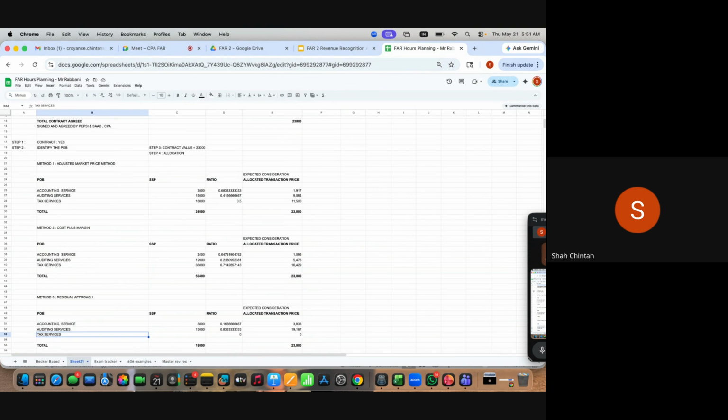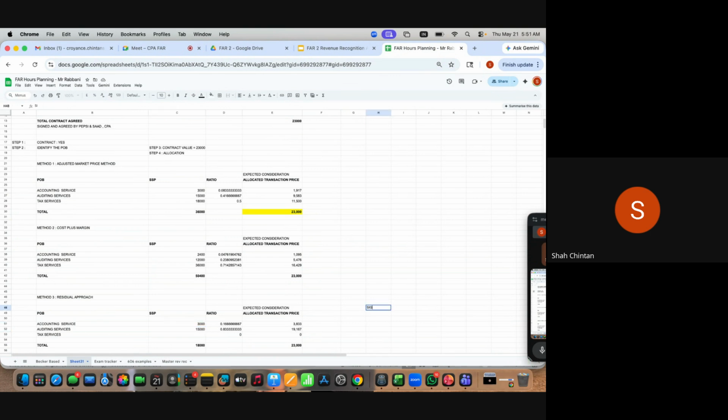So the condition says that a residual approach can be used by an entity if the entity has an SSP for all the services except one, and the total signed contract value, understand the word carefully, the total signed contract value is more than the value of the SSP of identifiable products.